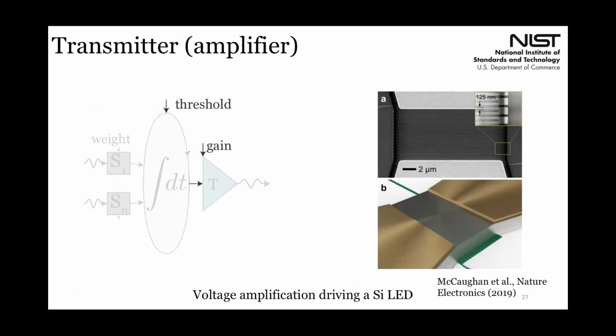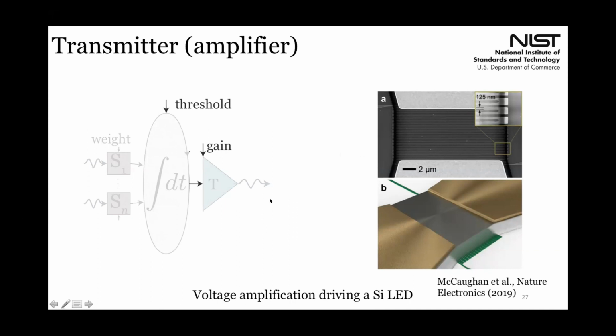Okay, so at the neuron itself, if a sufficient number of upstream neurons fire at once, then the neuron should exceed a threshold and fire its own pulse. So this thresholding operation and the LEDs, which I'll talk about in a minute, also require some gain.